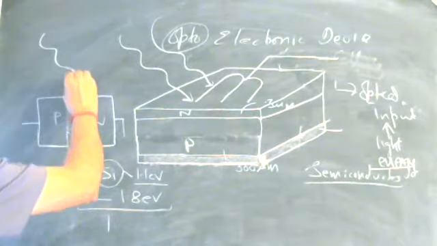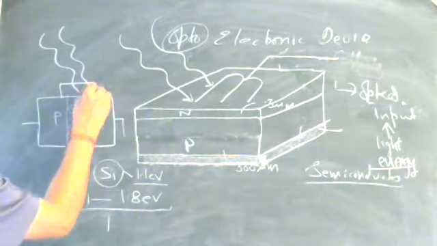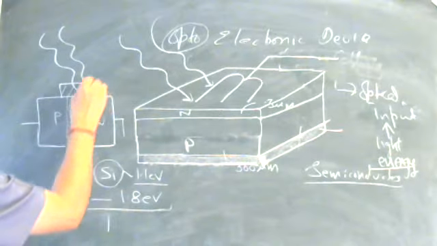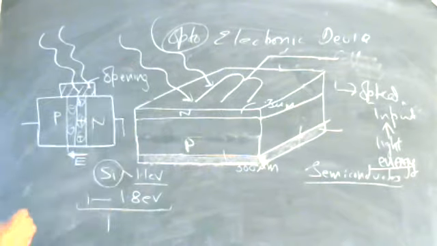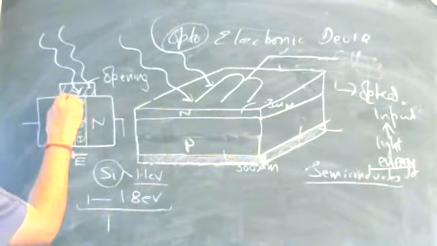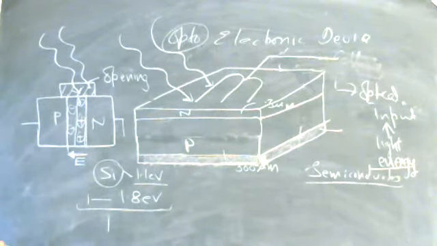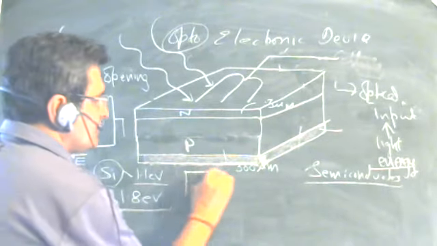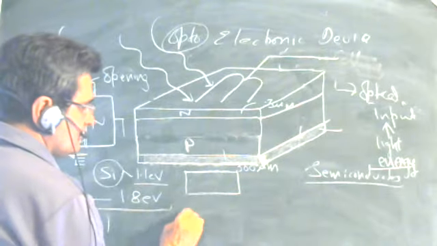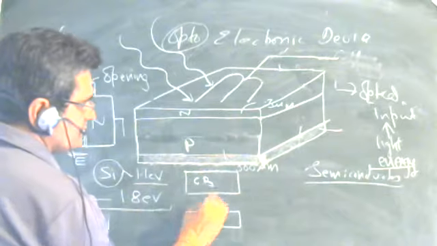When the photons strike this junction where you have a transparent opening to allow the photon to strike the junction region, that is the depletion region in and around the junction boundary, what happens? If you look at the energy band diagram of semiconductor, there is a conduction band, there is a valence band.